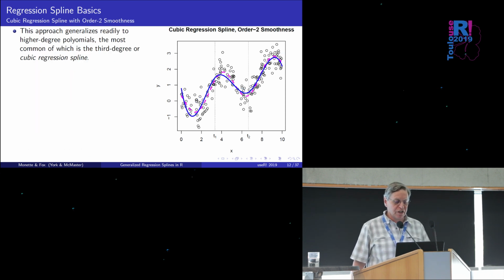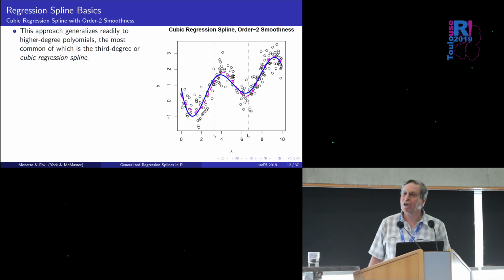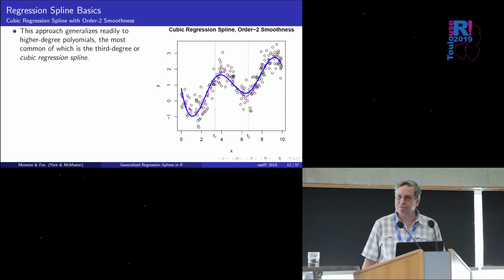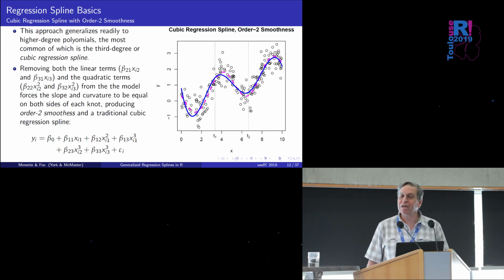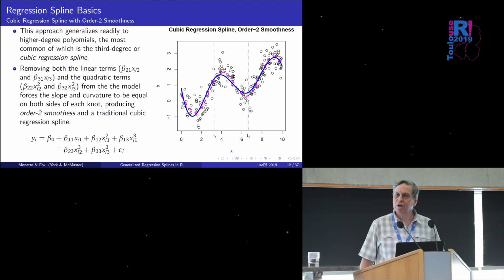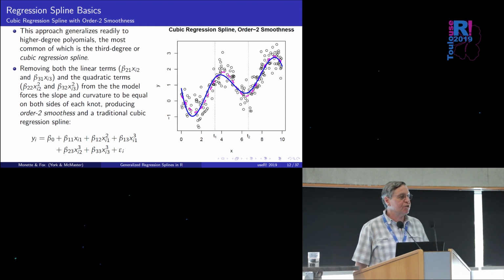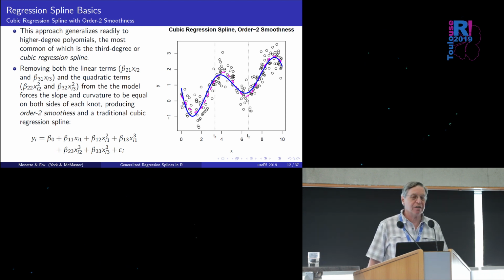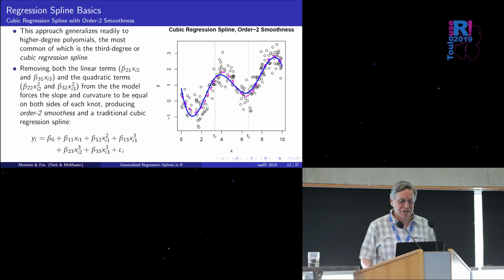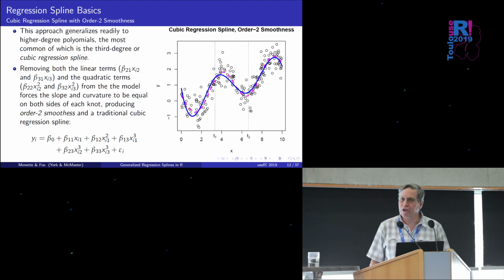So here's the generalization of this, for example, to a cubic regression spline, where by suppressing the linear and square terms in the second and third interval, we cause the first and second derivatives, the slope and curvature, to match on both sides of each knot. Again, this is very straightforward.